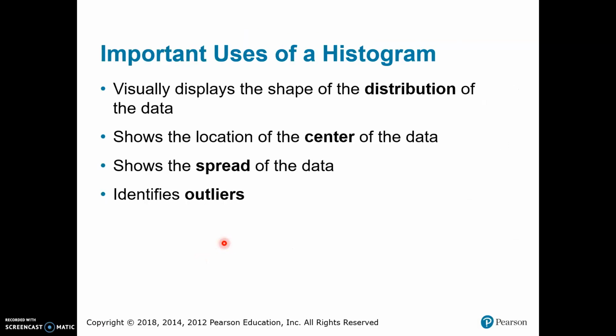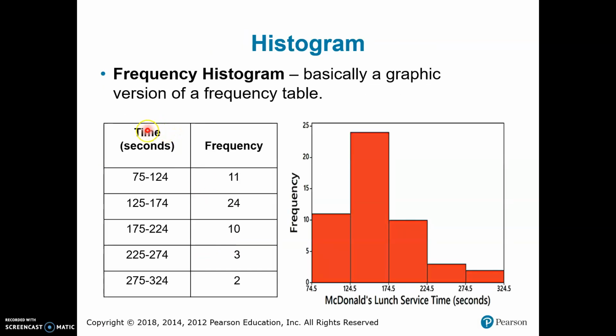Okay, so for example, here I have the frequency table. I have the histogram. You're gonna start with the first class, second class. So the first class is the first bar, reading from left to right.